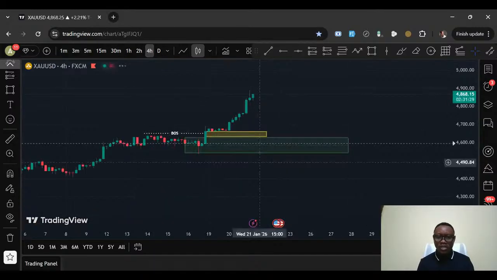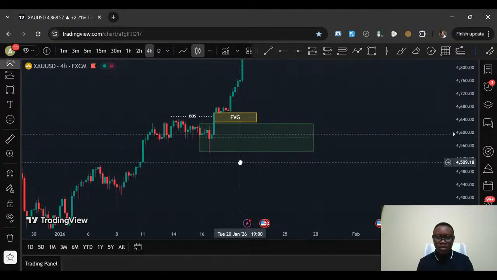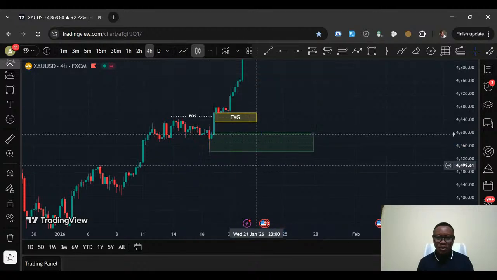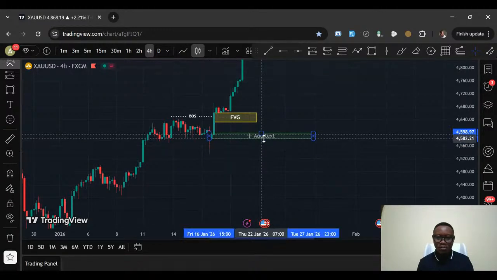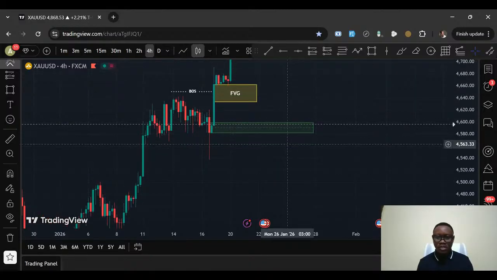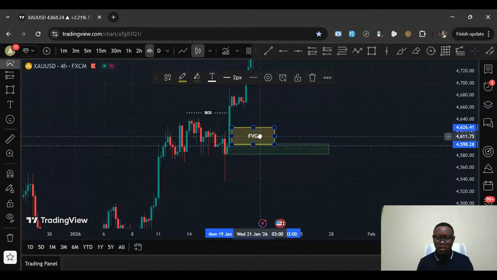Okay, and also identify other zones on the 4H time frame. So dropping down to 4H, we can further refine this zone to this candle, right? And push this up here so that we have this. So this is 4H, and our fair value gap goes here.